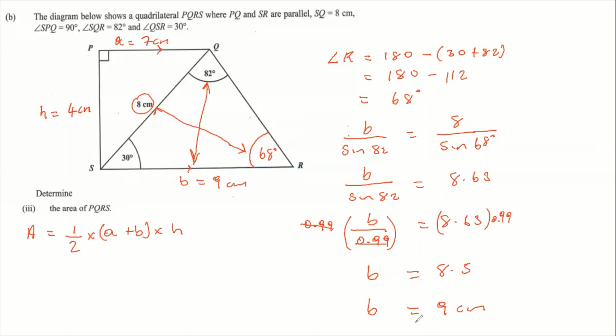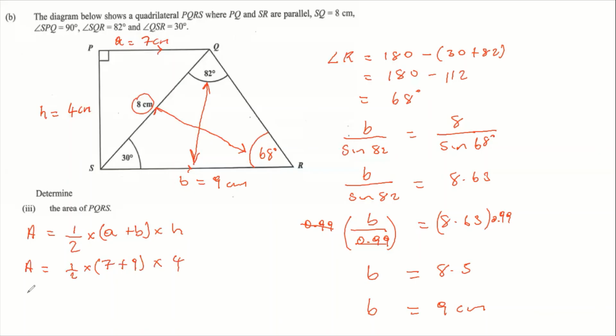All right. Now that we know what B is, we can determine the area of the entire shape. So that's going to be A equals a half times (A plus B). What's A again? That's 7. So it's going to be 7 plus 9 times the height, which is 4. All right.